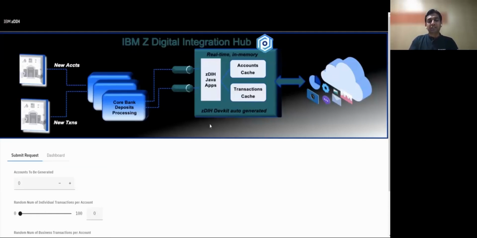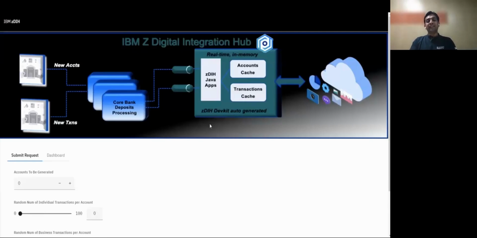This CICS COBOL based application has also been exposed via API to external consumers, external users, to trigger the workload. You can imagine it like a mobile application or a web application interacting with the mainframe CICS COBOL application with the help of APIs.